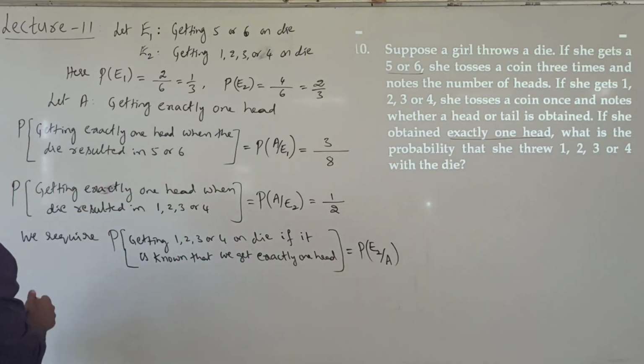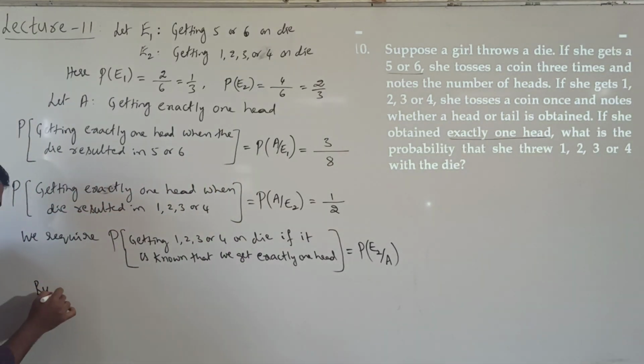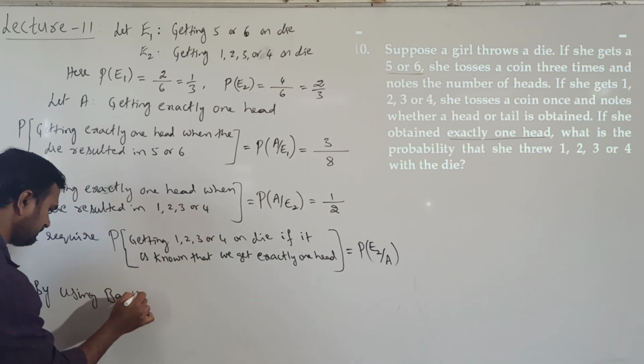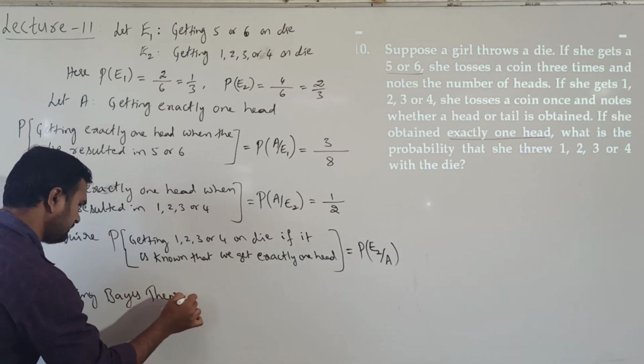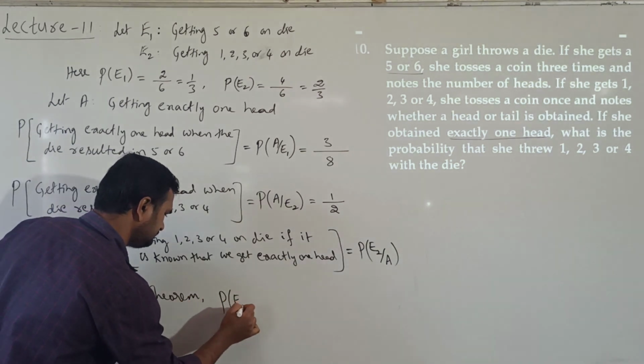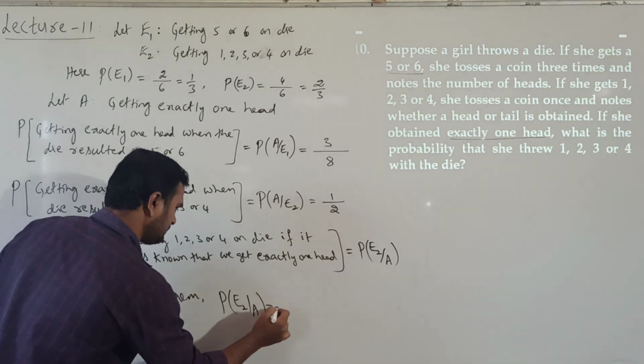So, by using Bayes theorem, P of E2 given A. You can write it.